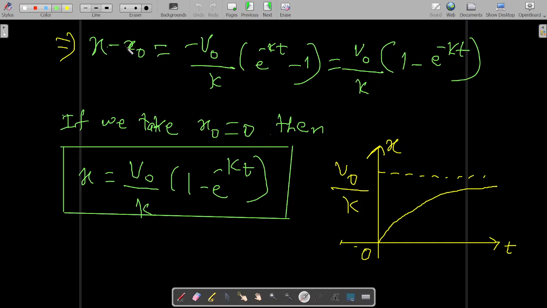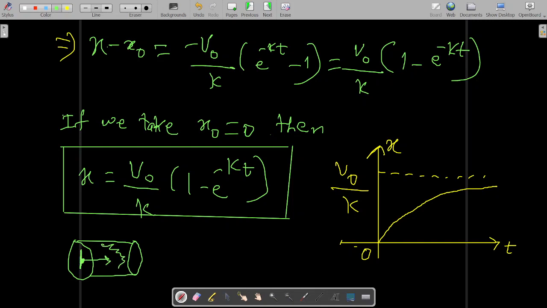Suppose we take x naught equal to 0, that is, the object is starting its motion without traveling any distance. It is starting from t equal to 0, and at that point we have taken the origin. Suppose this is your resistive medium, and in this resistive medium your object starts from here, and here itself you take the origin.